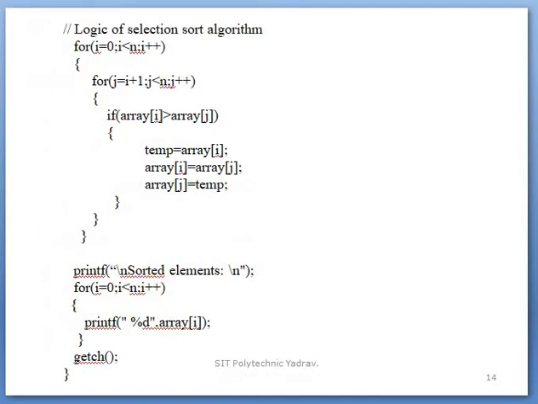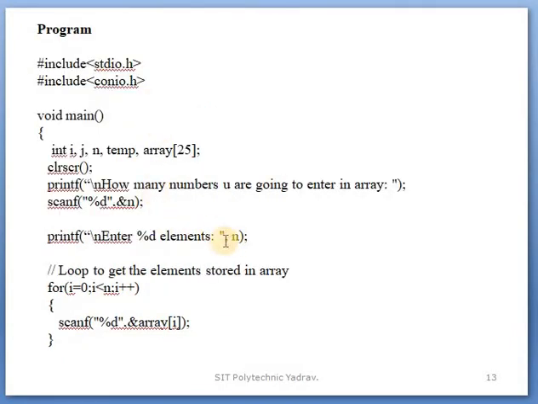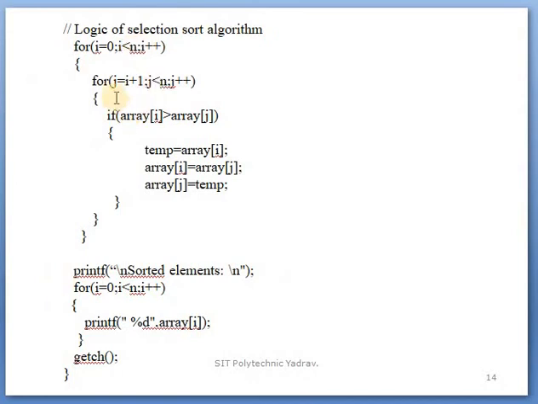Okay, after that the logic of the selection sort algorithm, which logic is used in that program, I will explain it along with the syntax. Okay, for i is equal to 0, i less than n, i plus plus, because your size is stored in the n variable, so we take n. j is equal to i plus 1, j less than n, j plus plus.